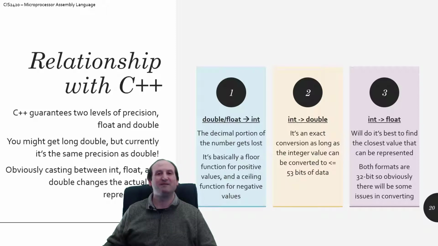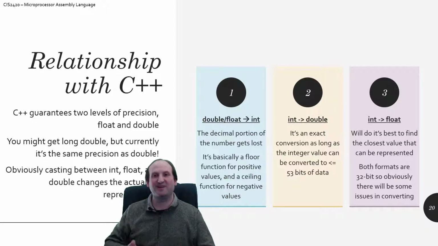But otherwise, if we were just looking at this mathematically, you just pretty much cut off the decimal point, because an integer is a whole number with no decimal point, so you're essentially doing that. And if you want to think of it mathematically, if you have a positive number, you're taking the floor function, and if you have a negative number, you're taking the ceiling function.